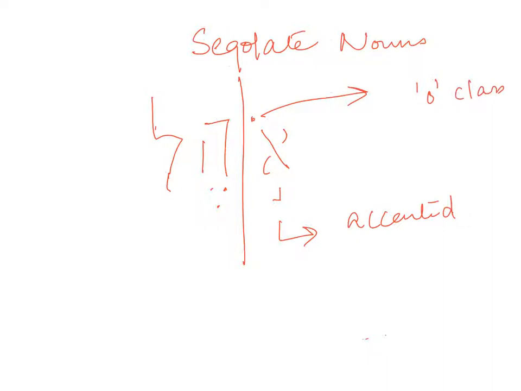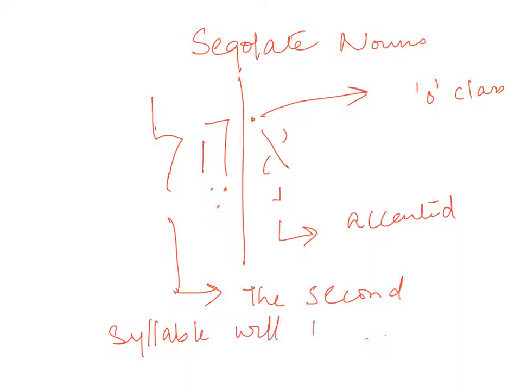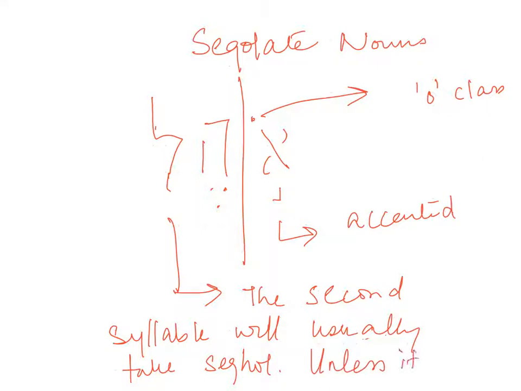Now, let us discuss the second syllable. The second syllable will usually take segol as its vowel, unless it is a guttural.